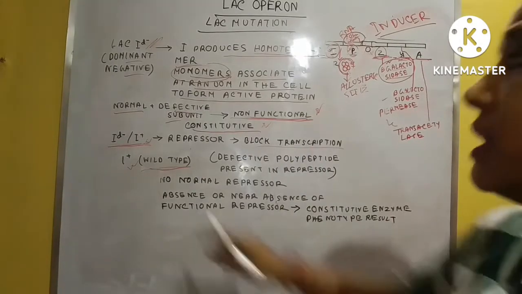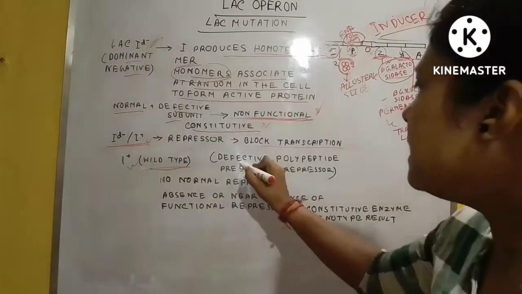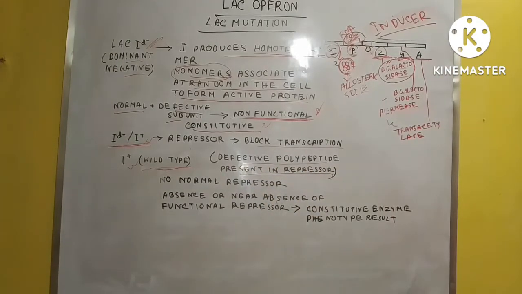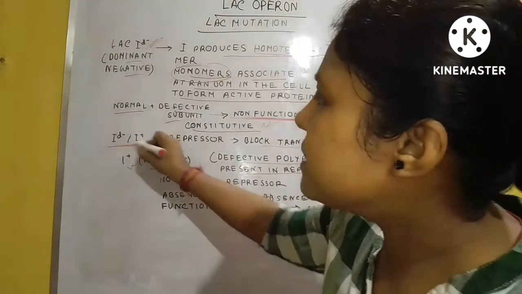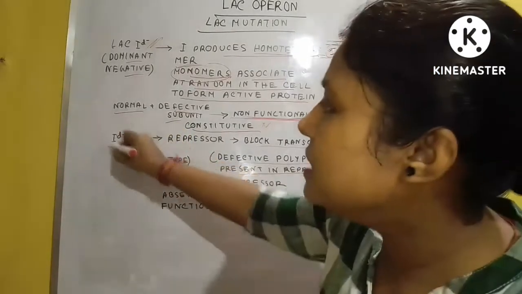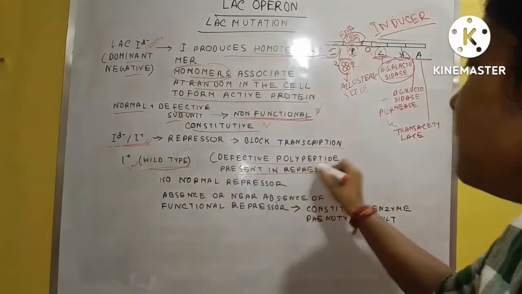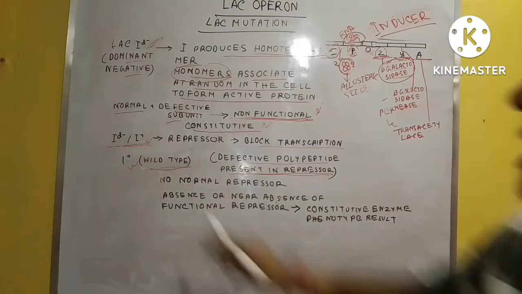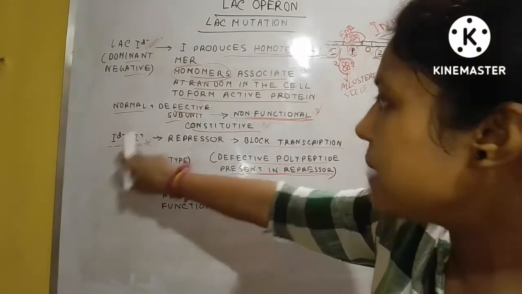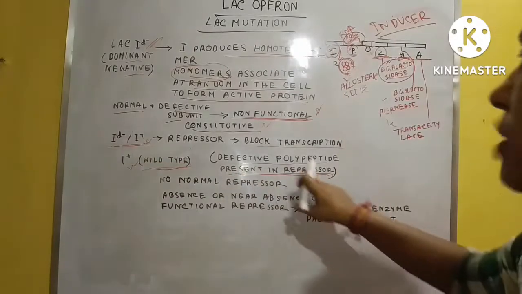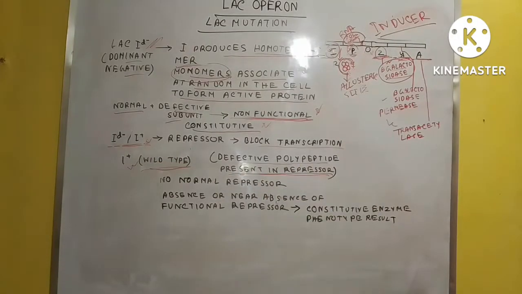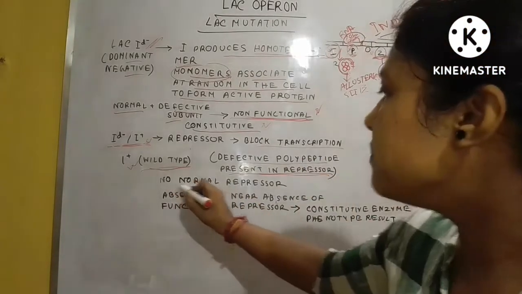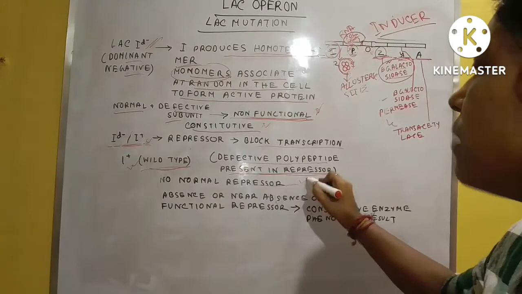But here, in that situation, defective polypeptide is present in the repressor. Clear? This produces the normal repressor protein, but this produces the defective polypeptide that is part of the repressor. Okay. So the normal repressor is not found here.